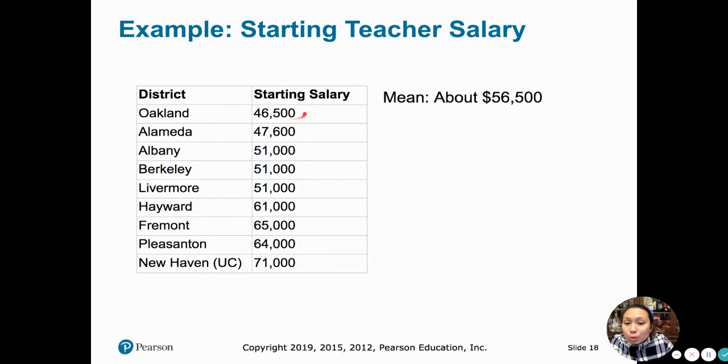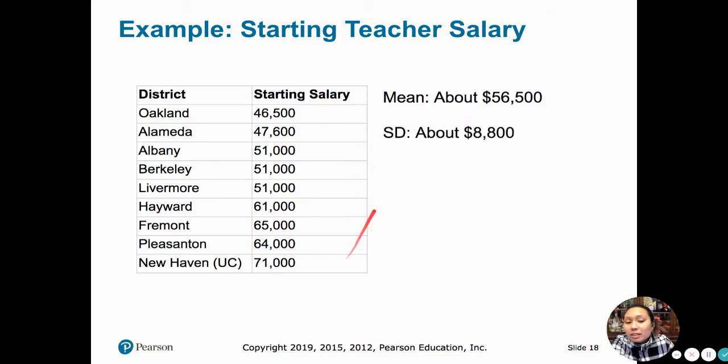We can see that Oakland starts at $46,000 and New Haven in this district starts at $71,000. So already we can see that our minimum and our maximum are quite far from our average. I would say about 10,000 for the minimum and about 15,000 for the maximum. So quite a large distance between the mean and these two entries.